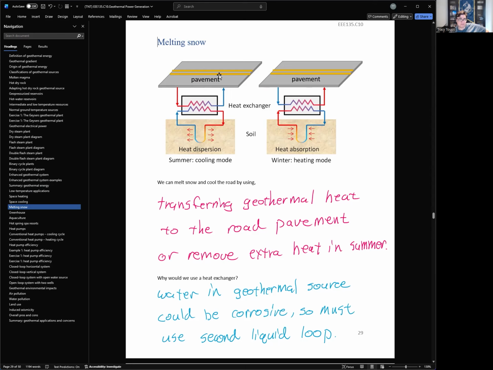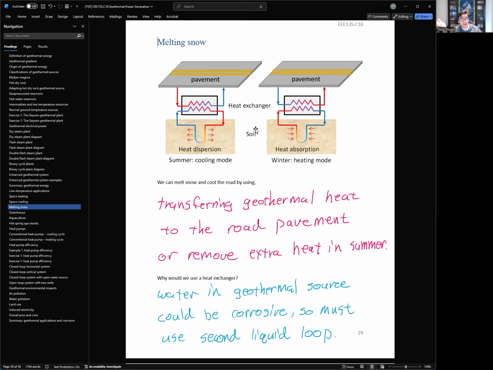So if we have 150 degree pavement, we could then take that heat, put it into a heat exchanger, and then transfer that to the soil, and the soil will absorb some of that heat and return cold water back into the heat exchanger, and that will cool the pavement down. So again, geothermal sites are always like a giant sponge that wants to keep a 60 degrees Fahrenheit temperature.